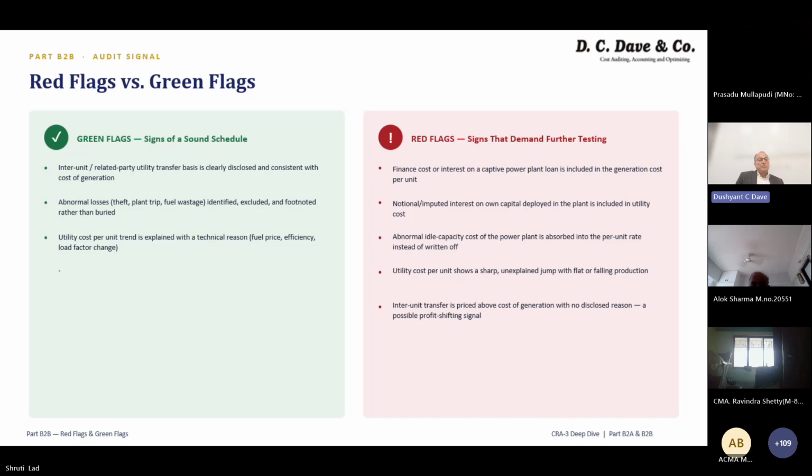Wonderful. So all of this, as a matter of fact, yes, it can be acceptable, because utility cost is not something which you can reject. It has happened. You consumed and the utility cost has been incurred. But why has it gone up? Please analyze. It could be an increase in fuel prices.